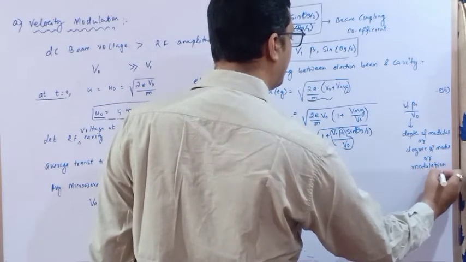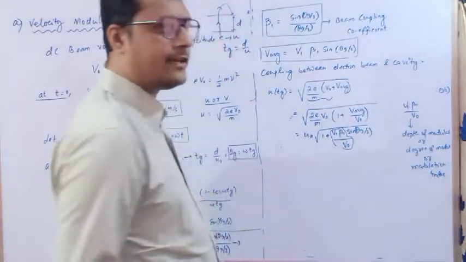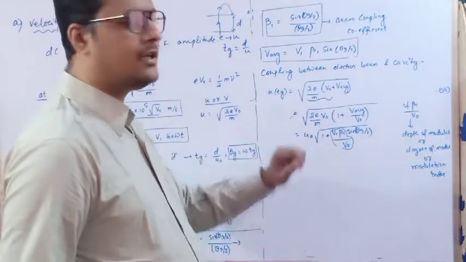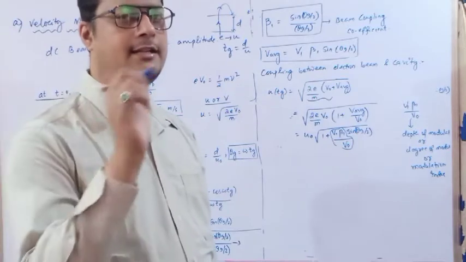It is called modulation index because here you can see the DC beam voltage is greater than the RF.